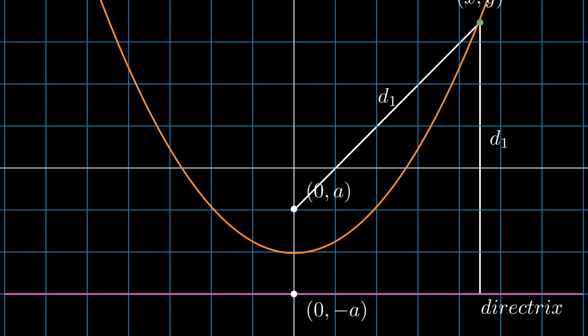Here we're giving a very simple representation of a parabola whose axis is coincident with the y-axis, and so the focus is taken to be (0, a), and the directrix is at equal distance from the apex of that parabola as the focus, on the opposite side.